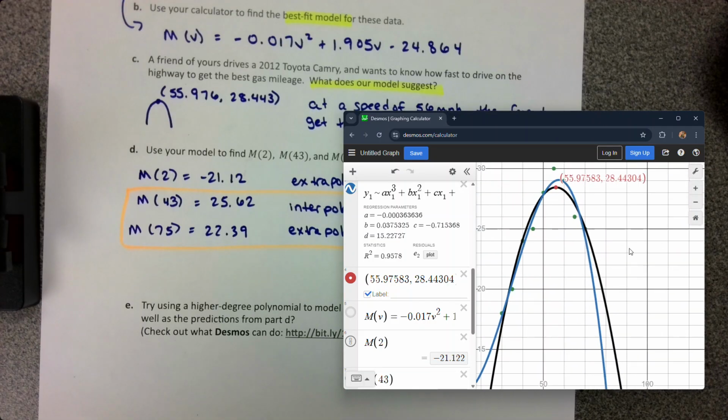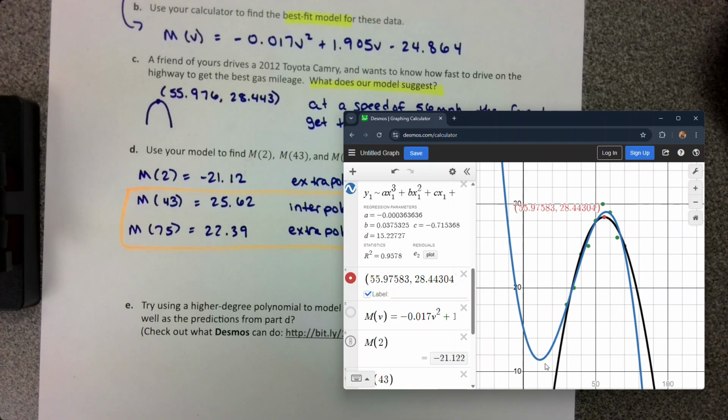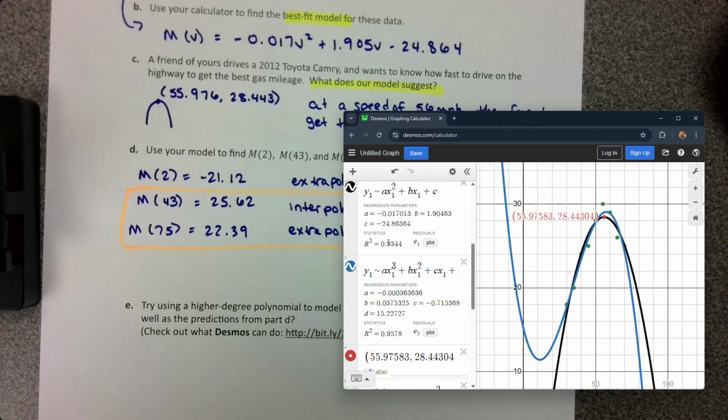looks roughly quadratic within the realm of the data. Its other turning point is out here at 11 miles per gallon, which we don't have any data about. So if I'm looking just at r squared, the r squared for the quadratic was 0.93, but for the cubic it's 0.95. So it does look like, hey, maybe cubic is better. It's got a higher r squared value.